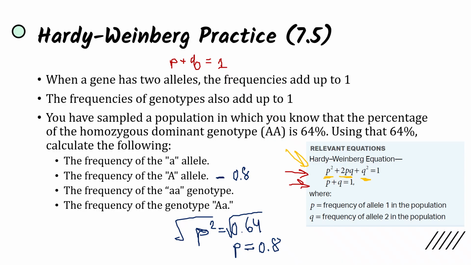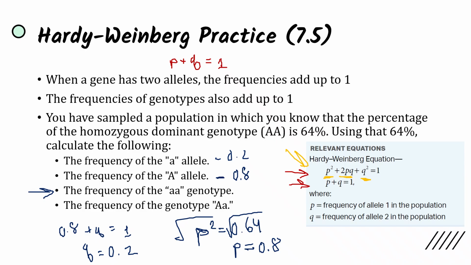Now, to find the frequency of the recessive allele, it's easy. We know that the 2 frequencies together, so the P frequency, 0.8, plus the Q frequency, have to add up to 1. So we can subtract 0.8 from both sides, and the frequency of the recessive allele is 0.2. Next up, we need to find the frequency of the aa genotype. This is the frequency of the homozygous recessive genotype.